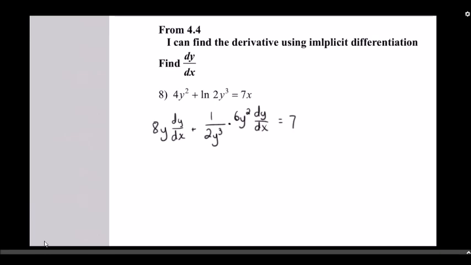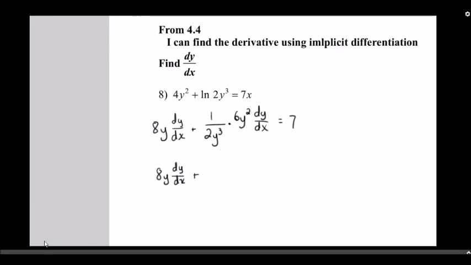So simplifying, combining some like terms, first term can just stay 8y dy dx. This term here, the one in the middle, we can simplify a little bit of that. 6 divided by 2 is going to be 3, and then a y squared over y cubed would leave a y on the bottom.